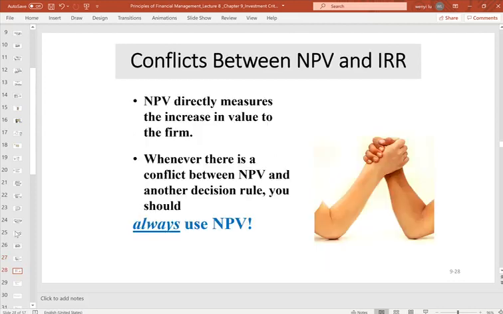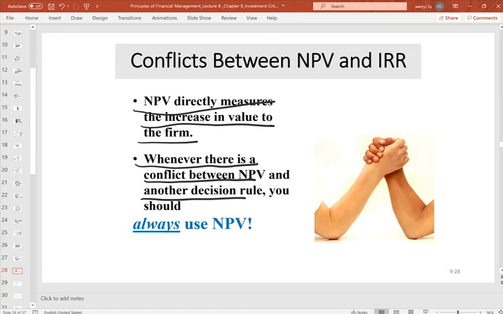NPV is a direct measure of the increase in value to the firm. So whenever there is a conflict between NPV and any other decision rules, not just IRR, and you will see in the following videos that we will study the payback period and other techniques, you will always use the NPV method.